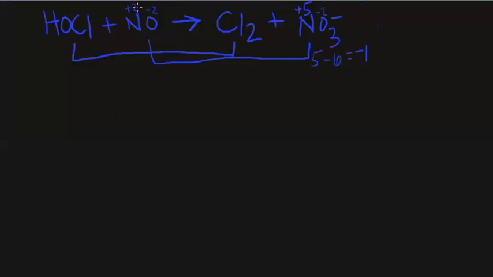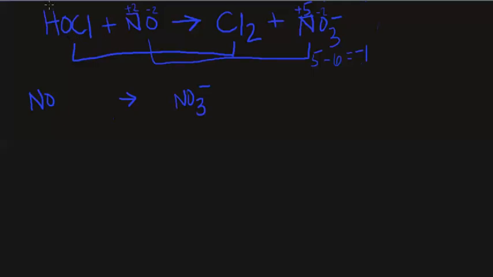So nitrogen is going from +2 to +5, so nitrogen is being oxidized. That's one of our half reactions. So we have NO going to NO3 negative, or nitrate. So nitrogen monoxide is going to nitrate.